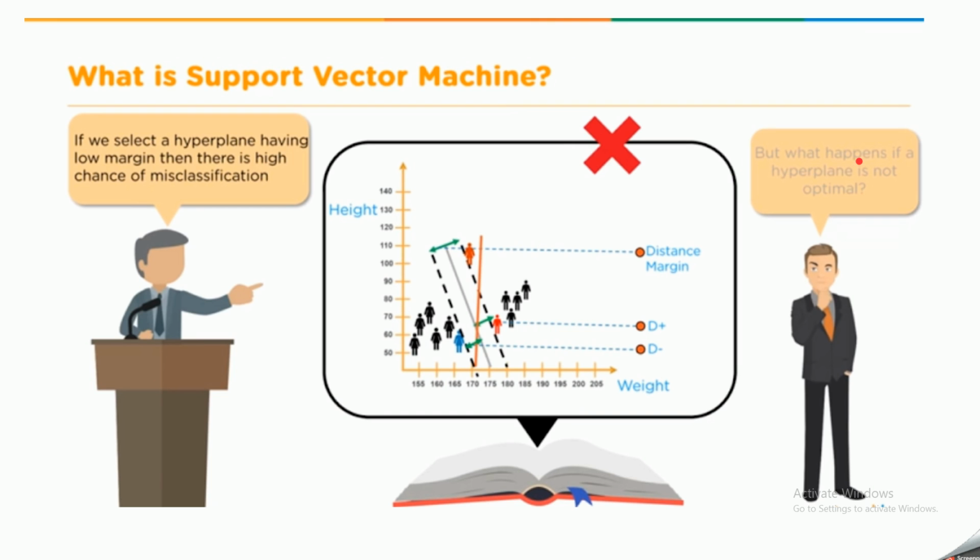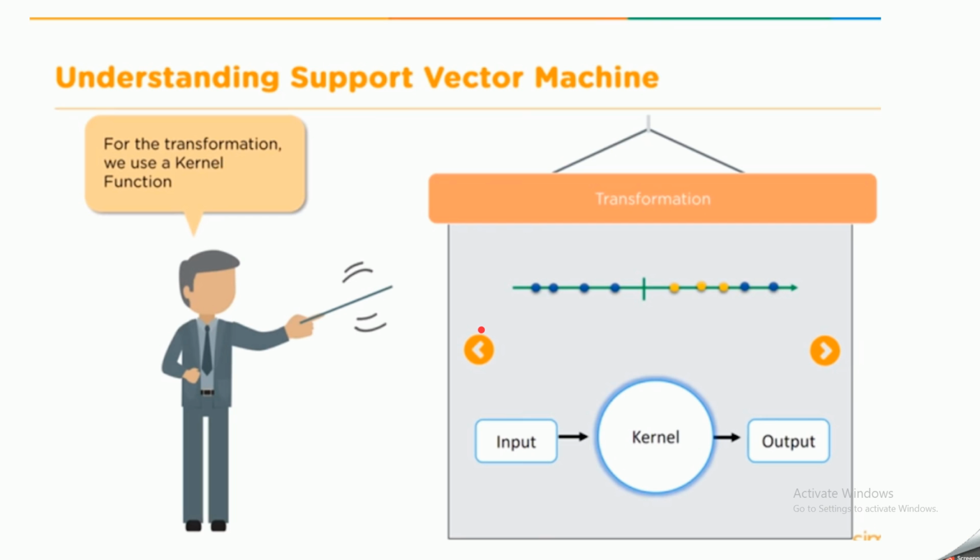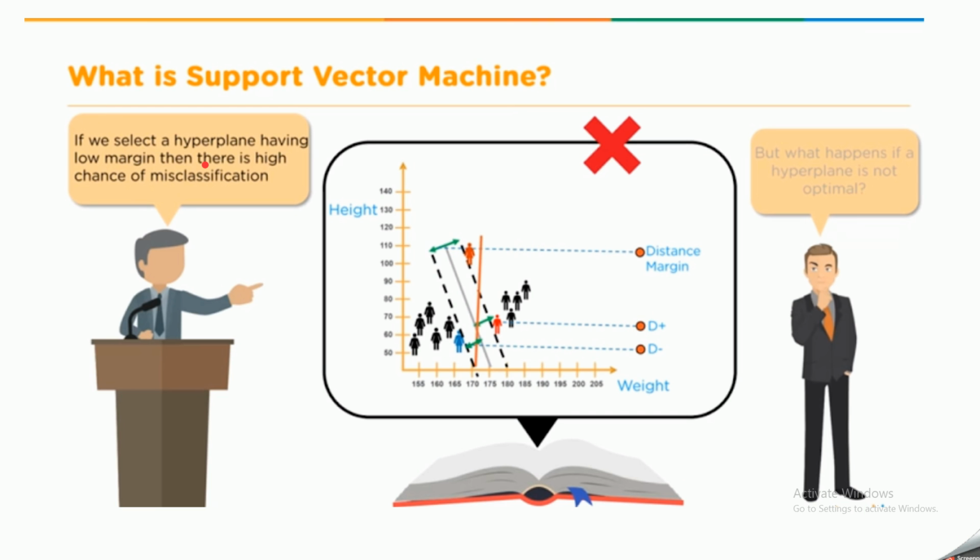But what if the hyperplane is not optimal? That is the second criteria, the line 2. So if we select a hyperplane having low margin, then there is a high chance of misclassification. Correct? So for avoiding that, there is something called transformation.